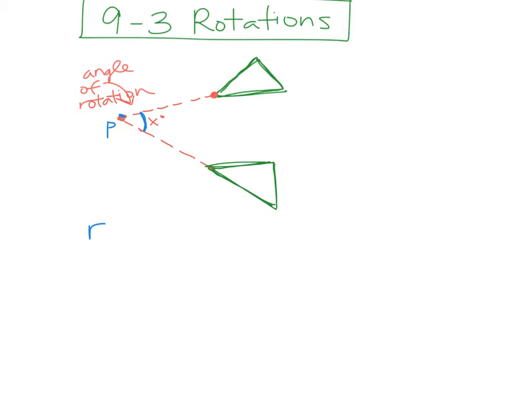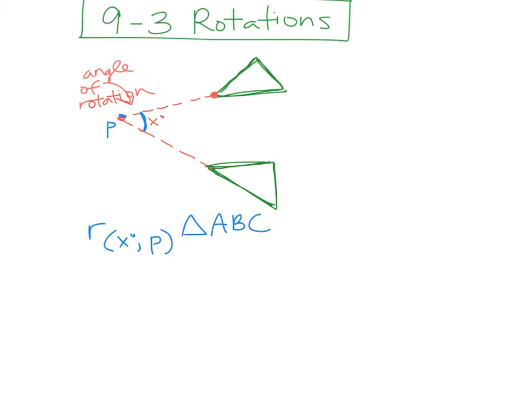I'm going to call this point P for right now. You're going to say a rotation of X degrees around whatever point you're rotating around for whatever figure you're rotating. Let's say it's triangle ABC. Lowercase r is rotation, X is how many degrees, and P is the point that you're going to rotate around.